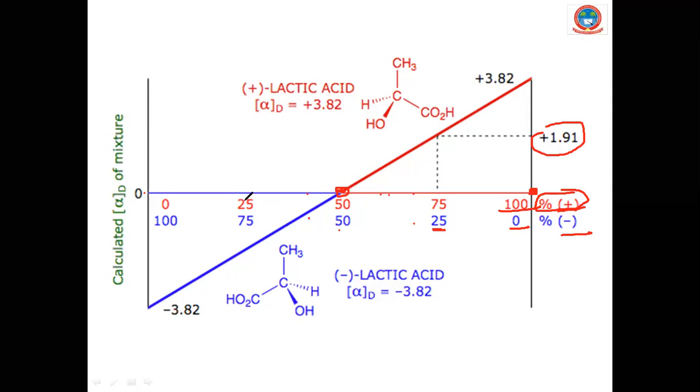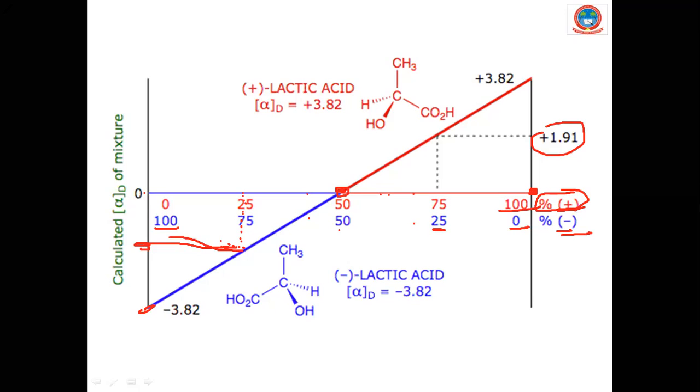If you connect it like this, somewhere you will get a negative value of this rotation and keep going. So when you have 100% minus lactic acid and 0 plus lactic acid, rotation will be 3.82 anti-clockwise rotation. So this is the graph we can derive from the polarimeter.